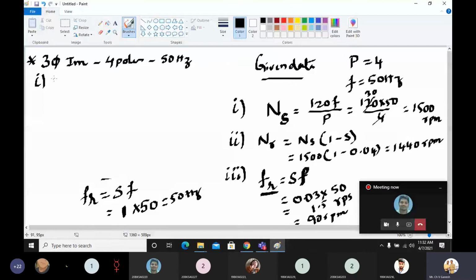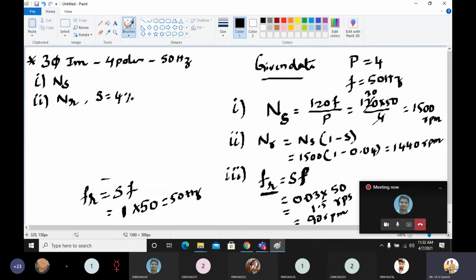the synchronous speed. First one is synchronous speed. Second one, the rotor speed when the slip is 4%.